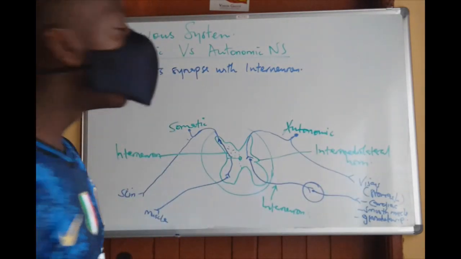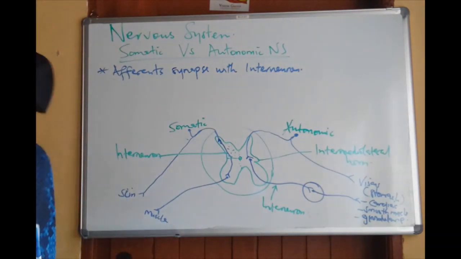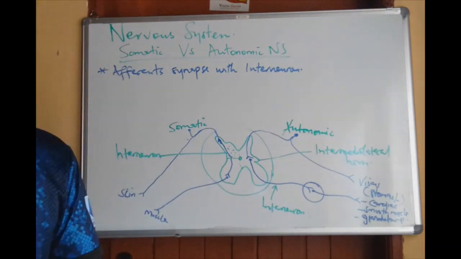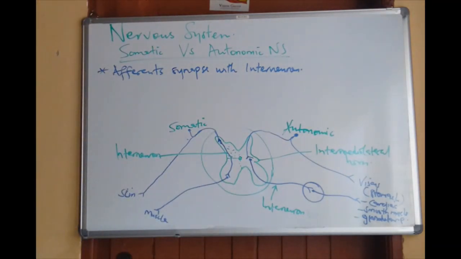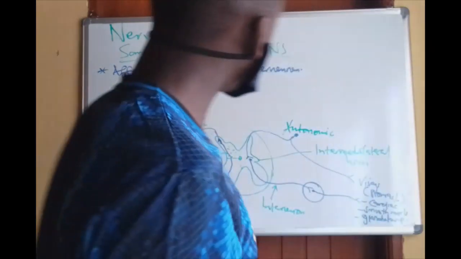You get it? Yeah. The second difference, let me get a marker. Yeah, we are going to talk about the interneuron. It's the second difference. The interneuron, you look at this.